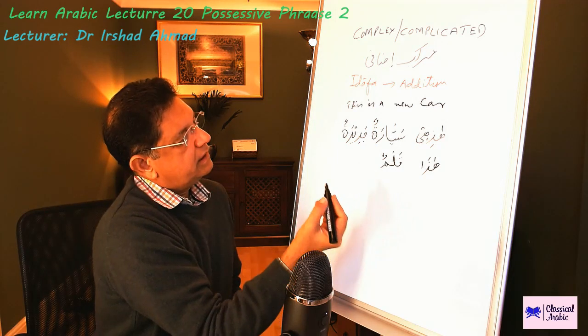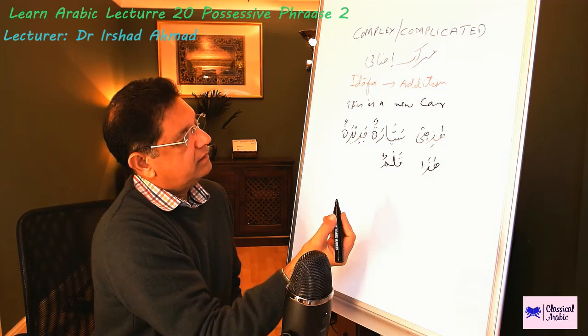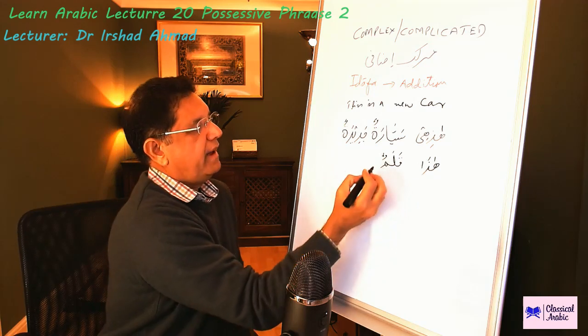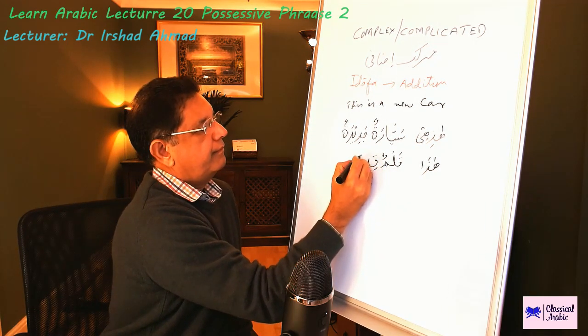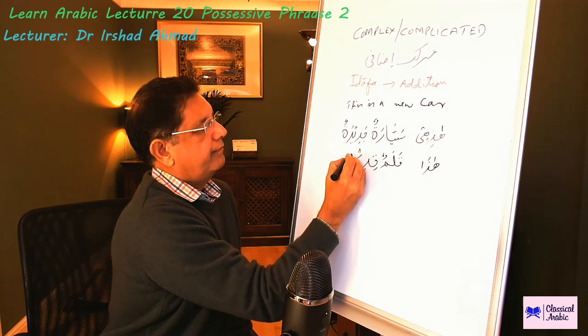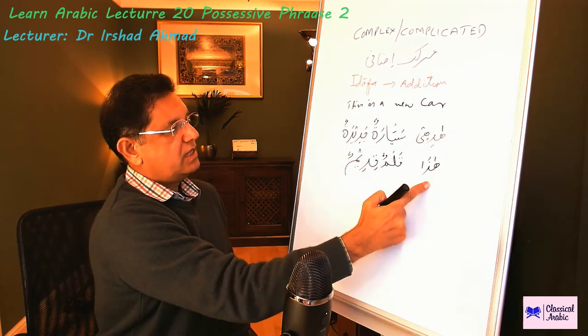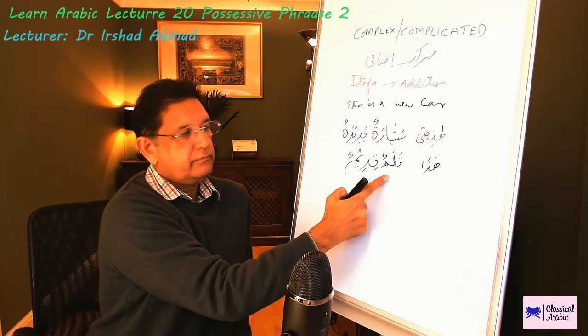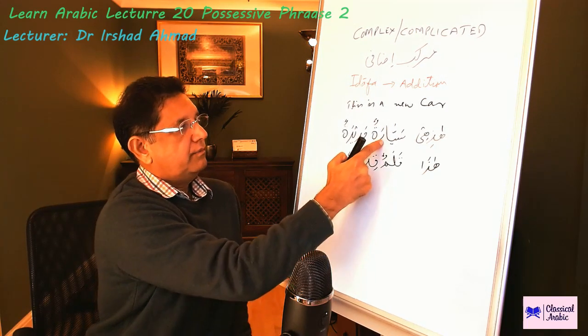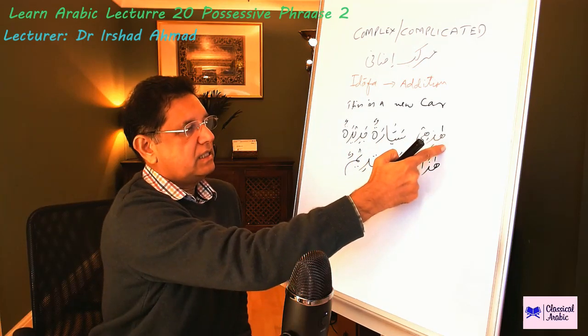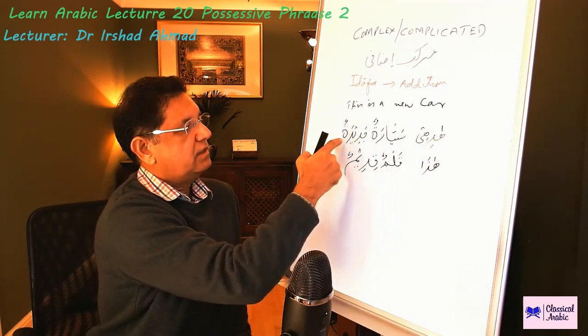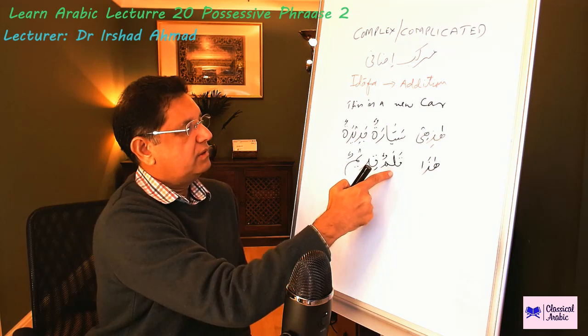Let's say, what kind of kalam? Old pen. Qadimun. So here we can use Haza because kalam is muzakkar, but sayyara or car is feminine, so we'll have to bring Hazihi. Hazihi sayyaratun jadidatun, Haza kalamun qadimun.